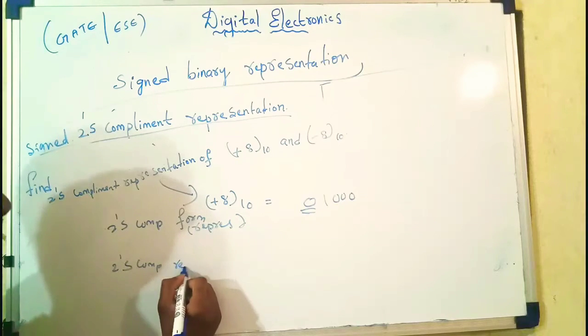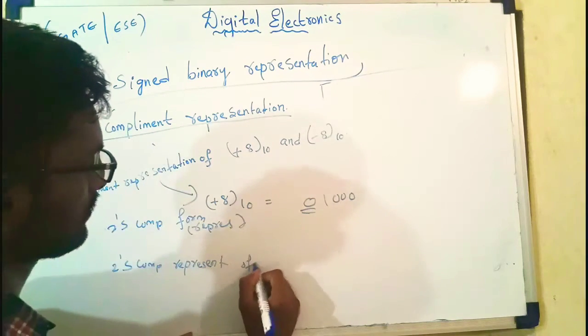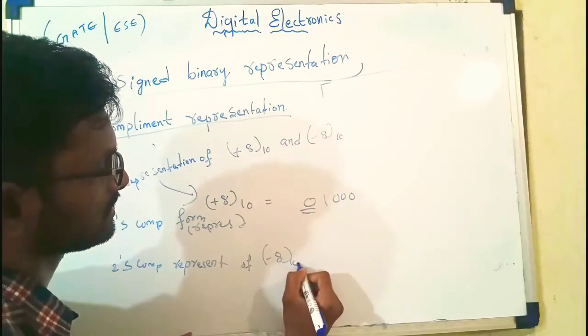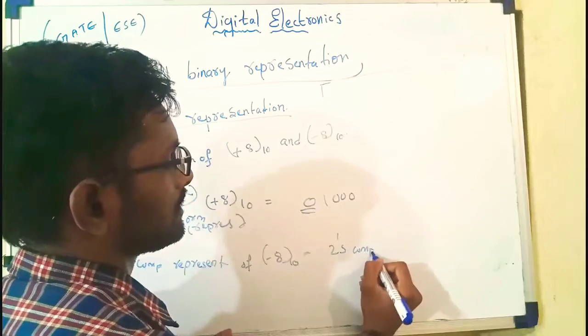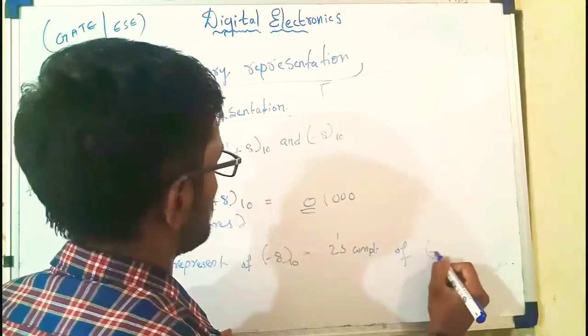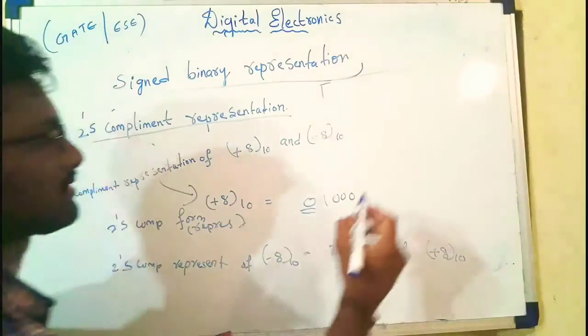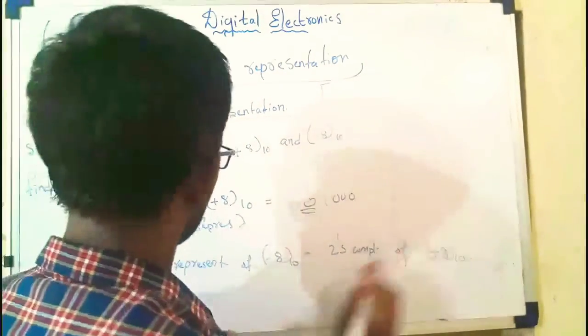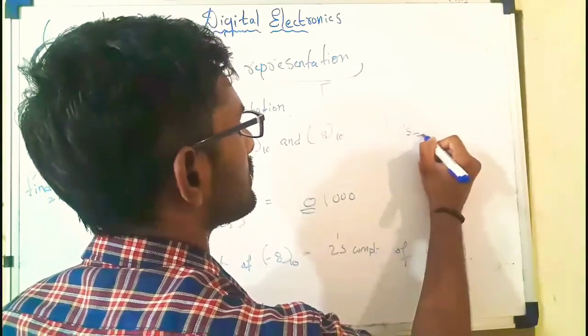2's complement representation of minus 8 to the base 10 equal to 2's complement of plus 8 to the base 10. For plus 8 to the base 10, 2's complement is nothing but 1's complement plus 1. First find the 1's complement.